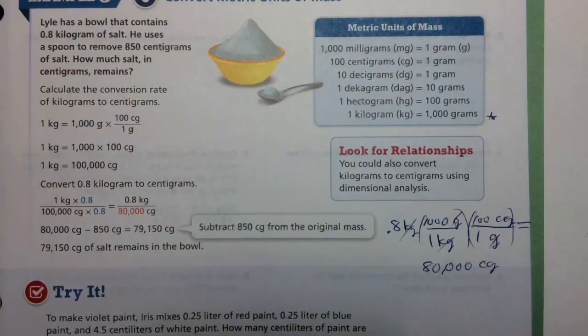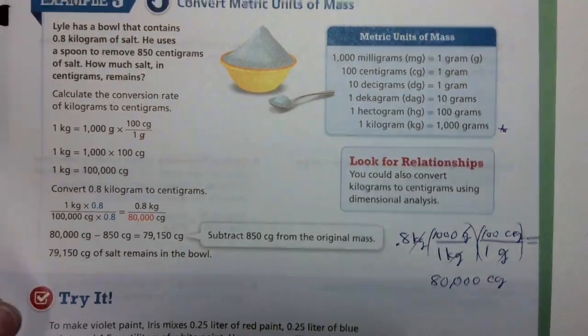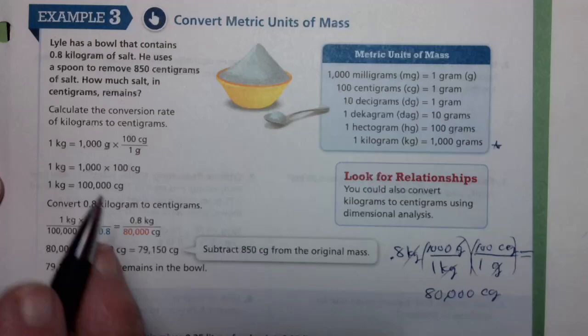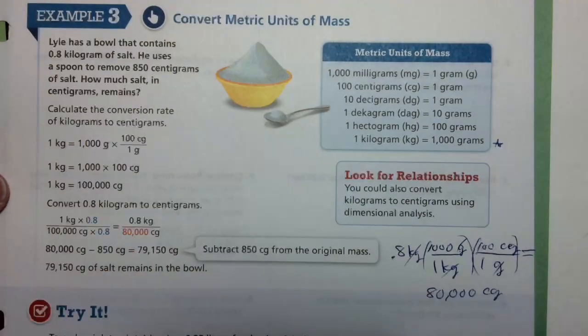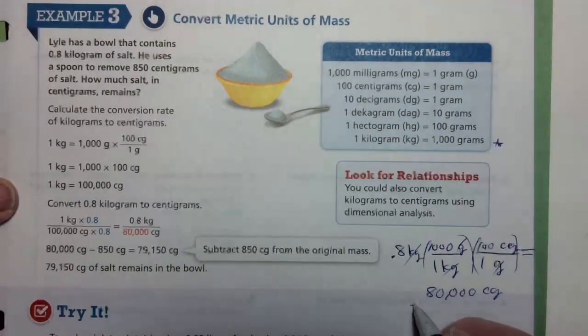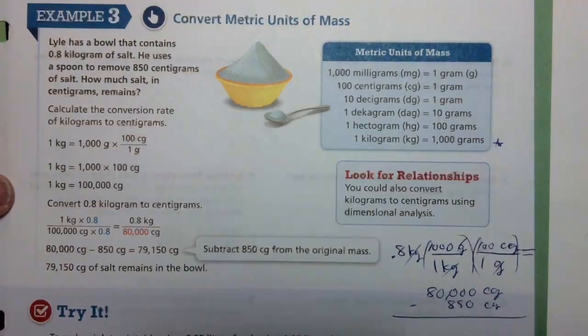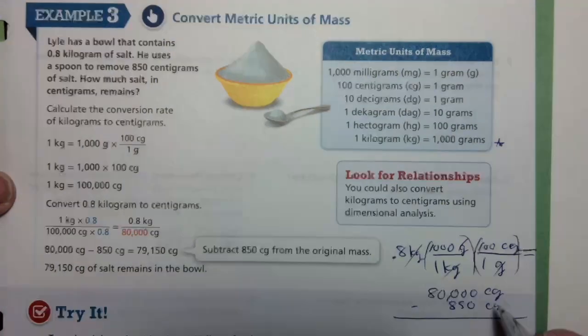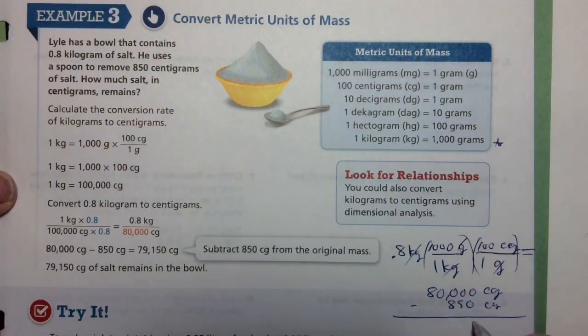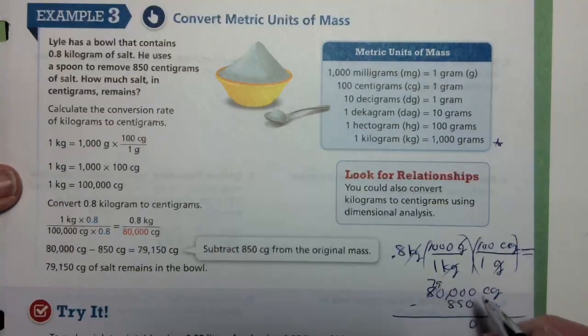Now then, if you go back and read it, it says that he used a spoon to remove 850 centigrams. So now let's subtract 850 centigrams from that, and it says how much remains. Well, it's 79,150. 0 from 0, I've got to come over here and borrow. 9, 9, 10, that's 5, that's 1, that's 79,150 centigrams.